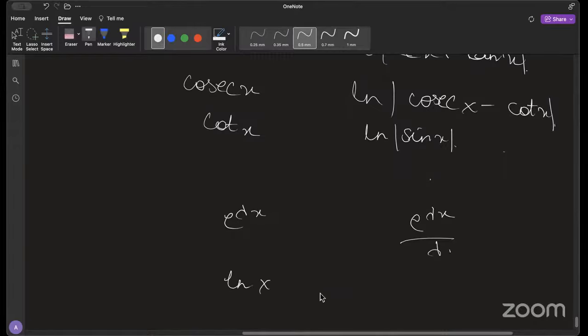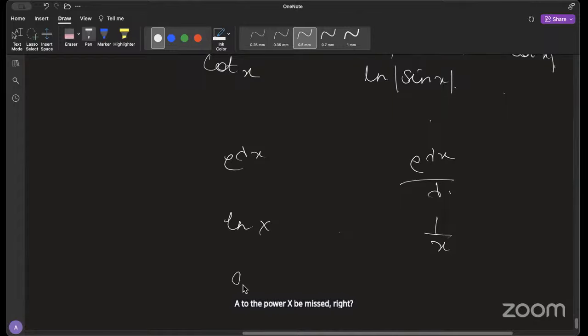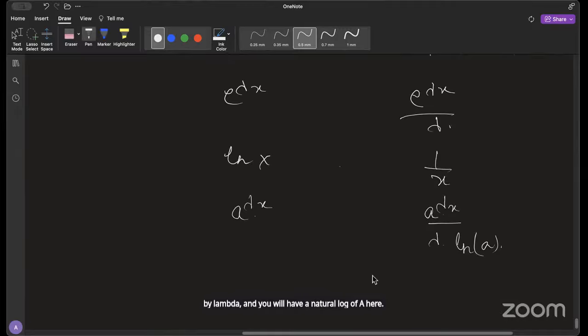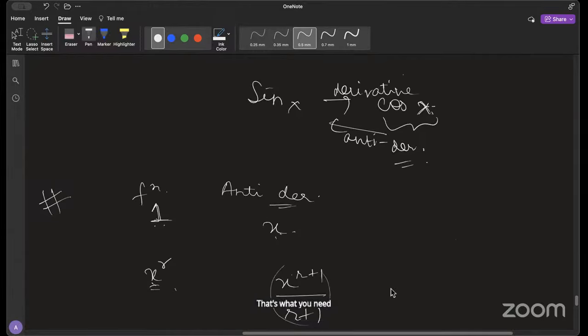For natural log of x, you have one by x. A to the power x we missed, right? For a to the power lambda x, it's the same as e to the power lambda x with only a minor difference: a to the power lambda x by lambda, and you will have natural log of a here. I think that's it. That's what you need to do the antiderivatives.